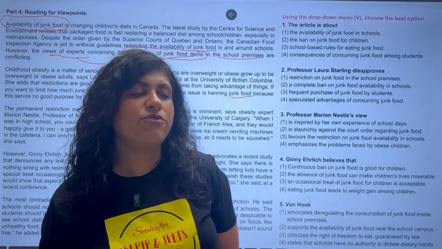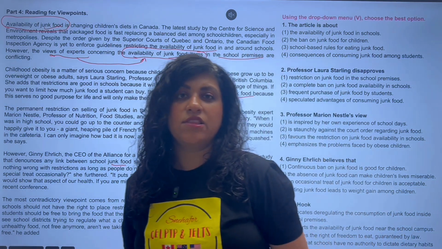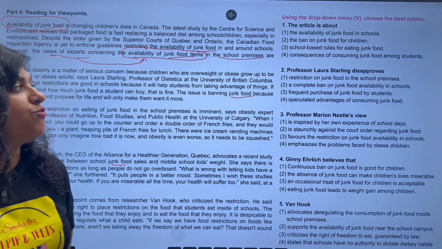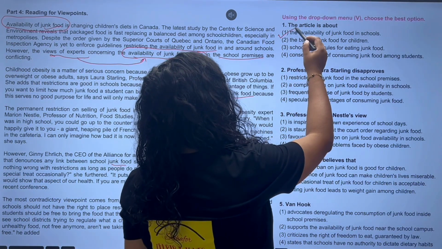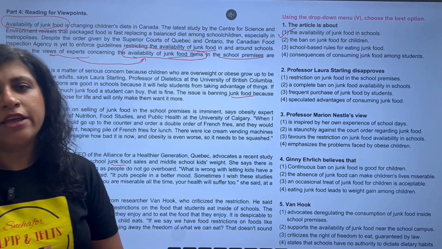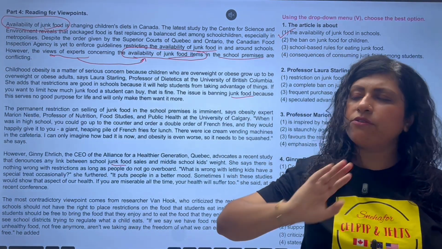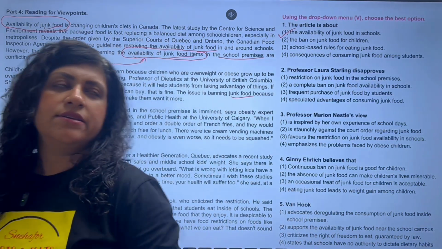Right? So if views of the experts are about availability of junk food, the whole text will be about availability of junk food, and that's exactly given in one of the options. So that will be my answer. However, if you're not sure about it, you want to cross check it, you can wait till you have read the complete text and then you can answer.